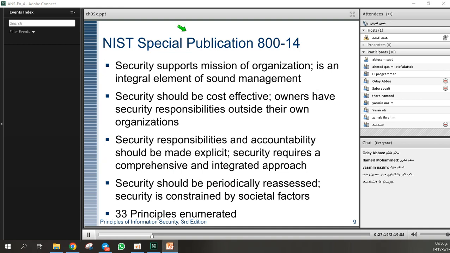The NIST special publication will help us even with periodic reassessment, because mostly people security is constrained by social factors.